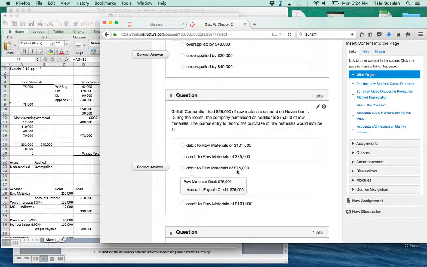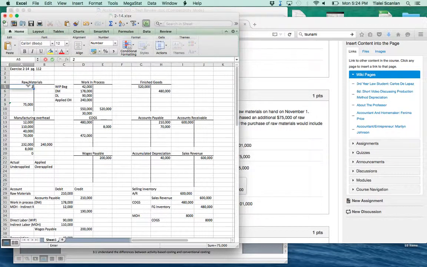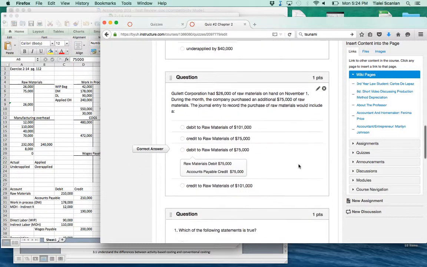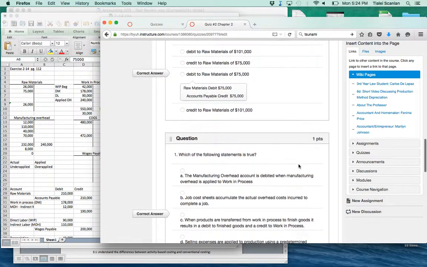And then they purchased 75,000. So that'll be a debit of 75,000 to raw materials, and a credit to either accounts payable or cash if they paid it with cash.